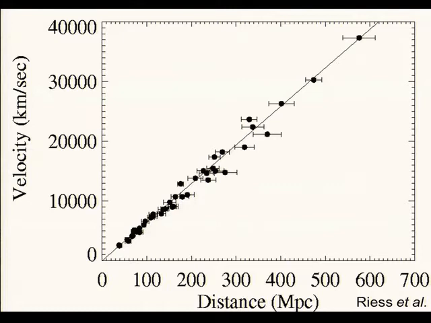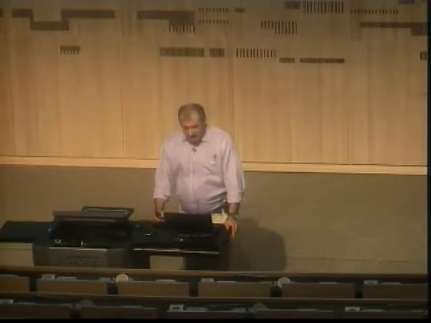And I don't have to do a fancy statistical analysis to convince you that it's well fit by a linear relationship. Hubble's original data is not plotted here because Hubble's original data would be down there. So it's not exactly convincing from Hubble's original data, but nevertheless, he was correct. He didn't have to wait for a 5 sigma result to claim a discovery.